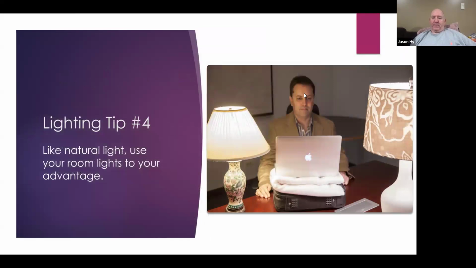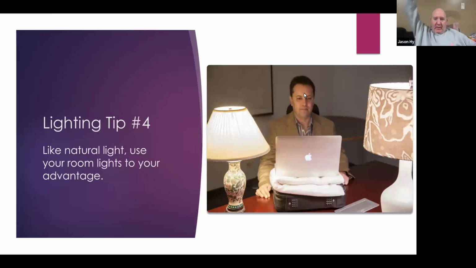Lighting tip number 4. You can't use the natural light and it's kind of dim. This person maybe was at a conference or in a hotel room. Looks like they moved their hotel light to a different location to kind of enhance themselves to give it more of a key light on their face.